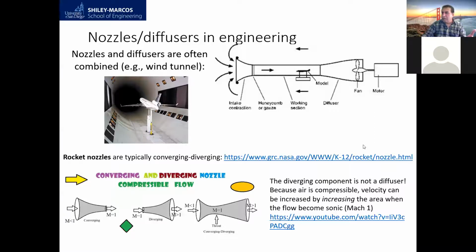But it's not really compressible at a certain Mach number, if the Mach number of the flow is less than 0.3, because we have a subsonic flow, we have a sonic flow, we have a supersonic flow in terms of speed. So the air is supposed to be compressible, but at a certain Mach number, it's considered to be incompressible. Because when the air or ideal gas is compressed, that means the density will change. But if it's incompressible, then the density doesn't change.